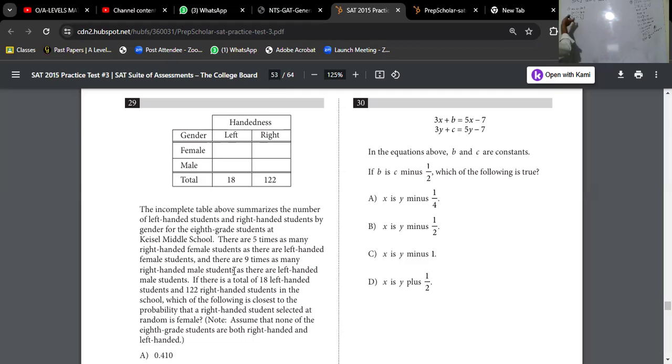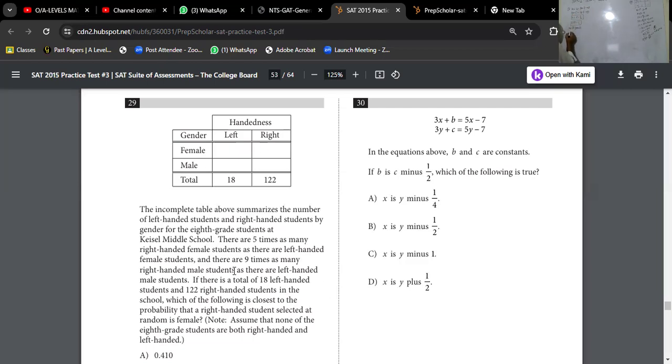So first we are going to solve and then we will check which one is true there. Let's say it is equation number 1 and equation number 2. From the given statement, b minus c is equal to minus half here. Now we subtract 2 from 1, because we have to get the relationship between y and x, so b and c should be eliminated there.